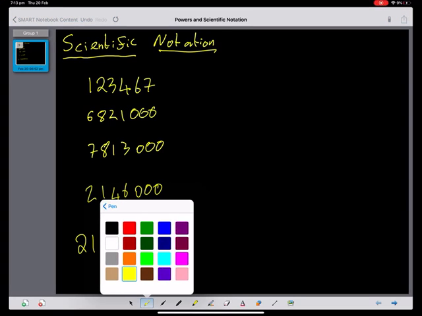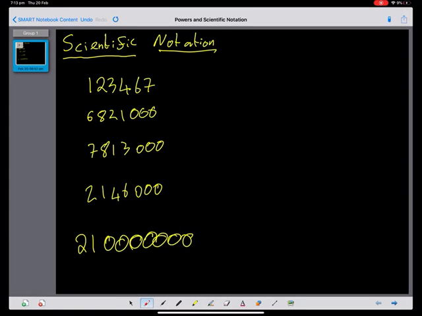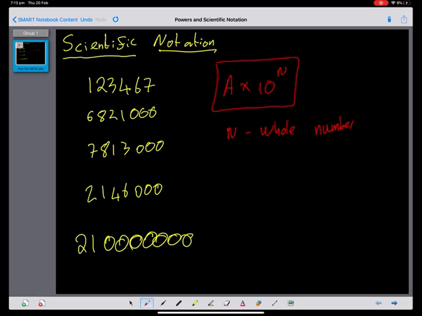Now, we need to write these numbers in this form: A multiplied by 10 to the n, where n is a whole number, and A is less than 10 but greater than 1.